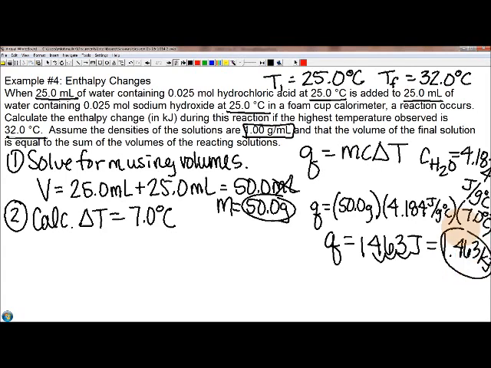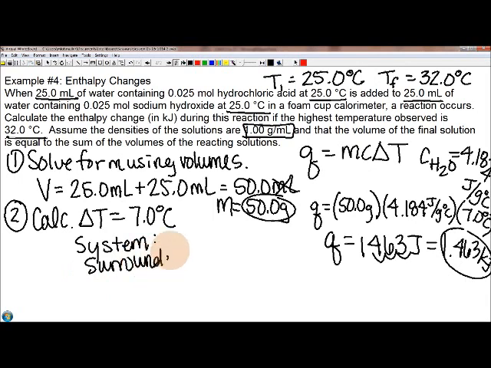Alright, we're almost there though. Enthalpy can be positive or negative. In order to know if it's positive or negative, we have to know if it's endothermic or exothermic. So let's figure that out. What's our system, and what's our surroundings?